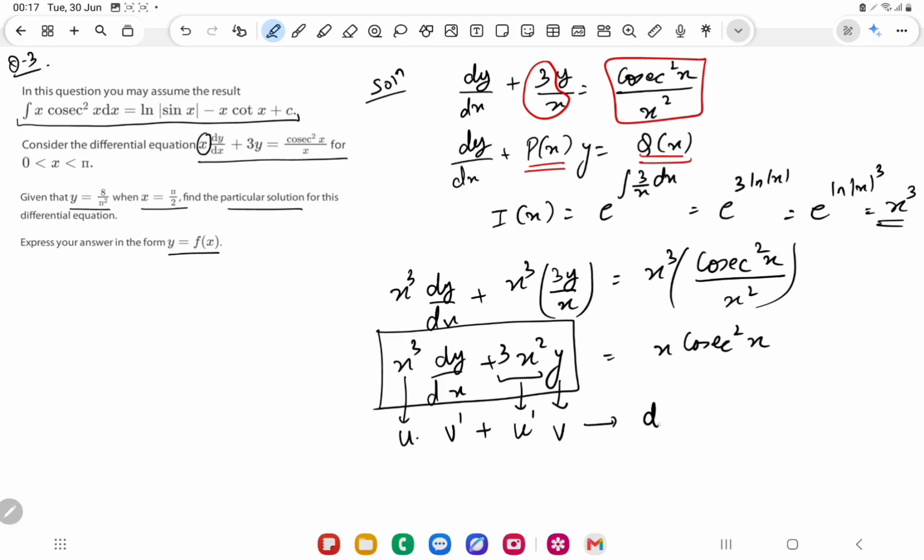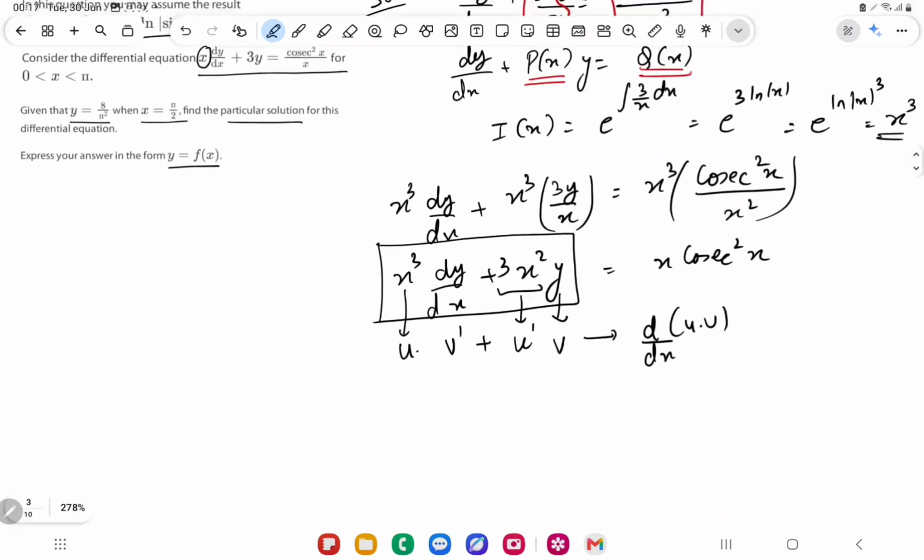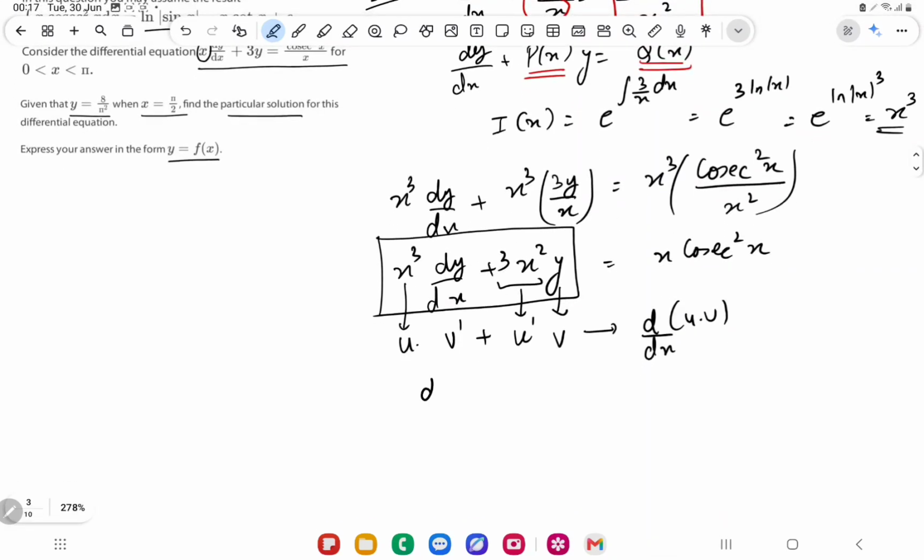It means I can write this as d by dx of u into v. So I will apply my product rule. I can write it as d by dx of u into v, and this equals x cosec square x.